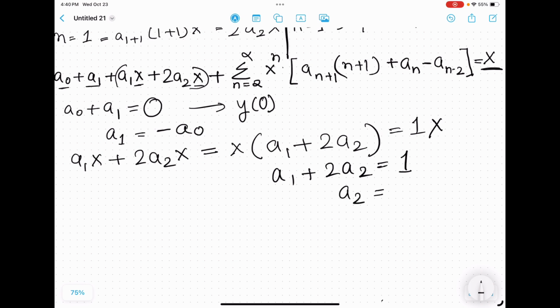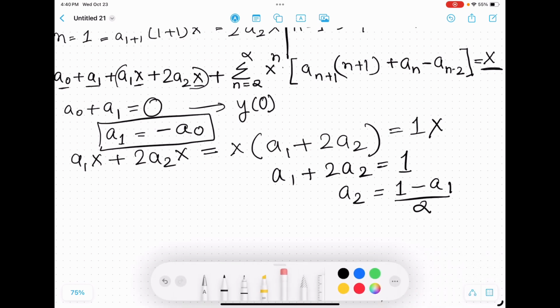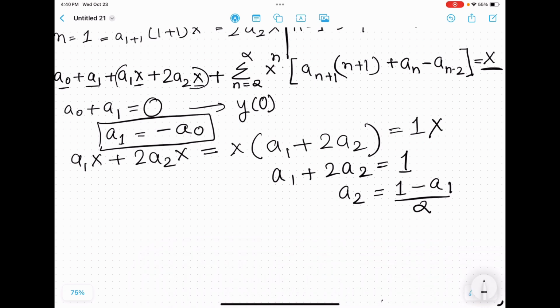So I have (1 minus a sub 1) divided by 2. From here, we already know that a sub 1 is basically negative a sub 0. So if I substitute a sub 1 with negative a sub 0, I get (1 plus a sub 0) over 2.